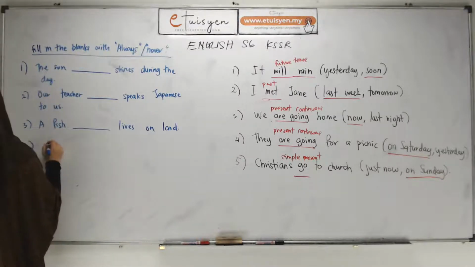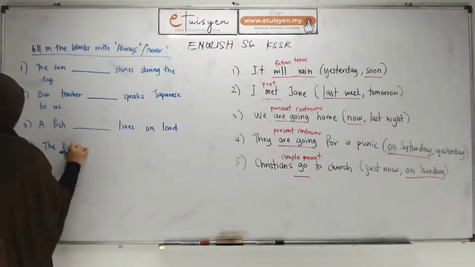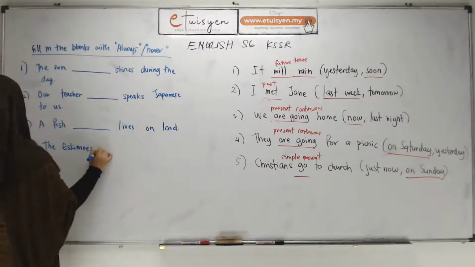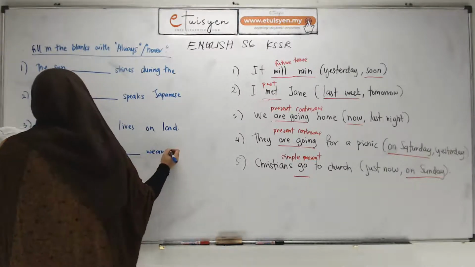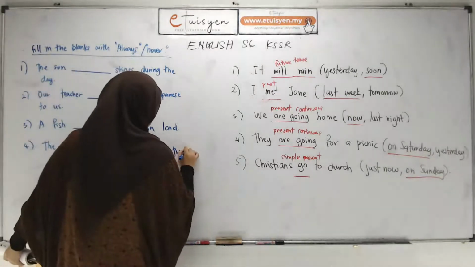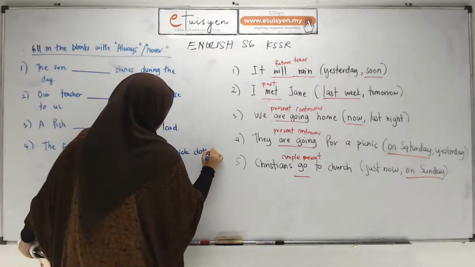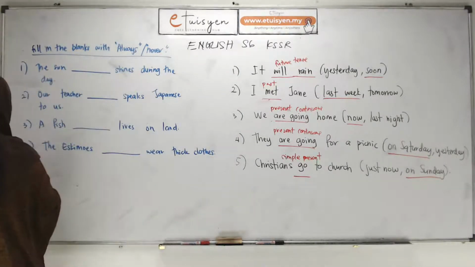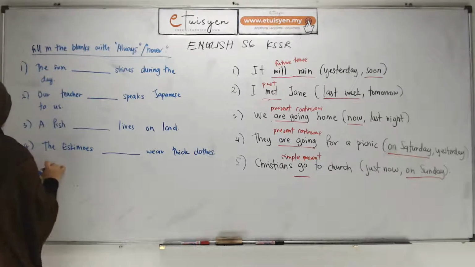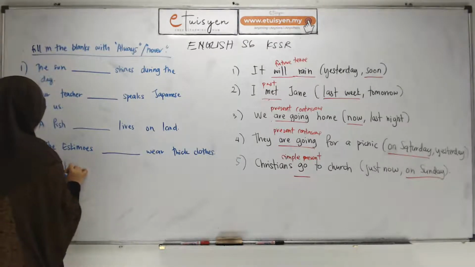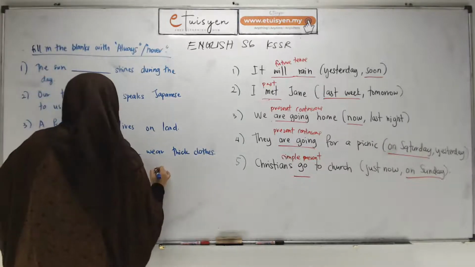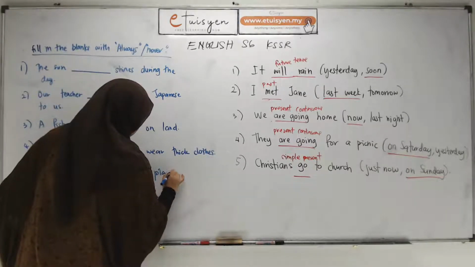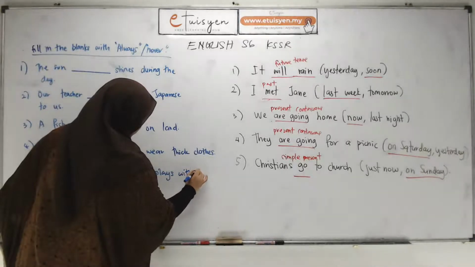Number 4, the Eskimos blank wear thick clothes. Number 5, the lazy boy blank plays with his friends.